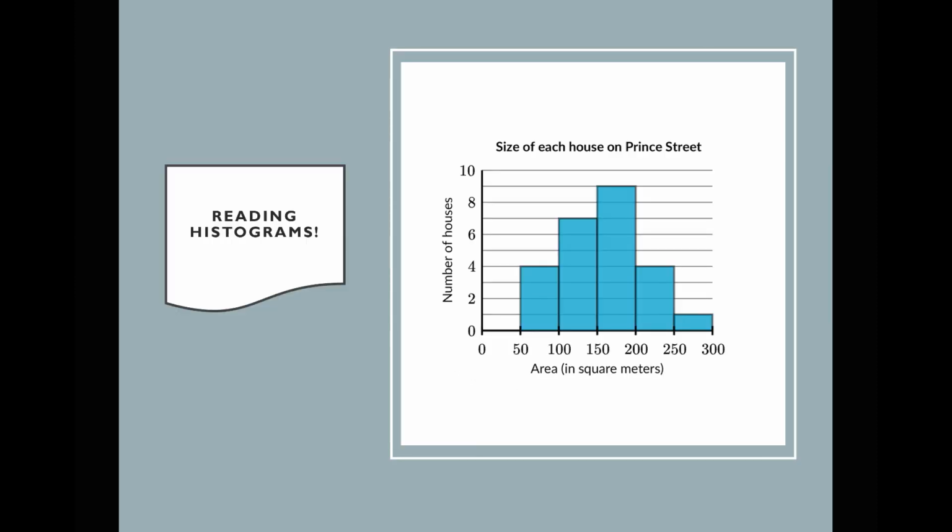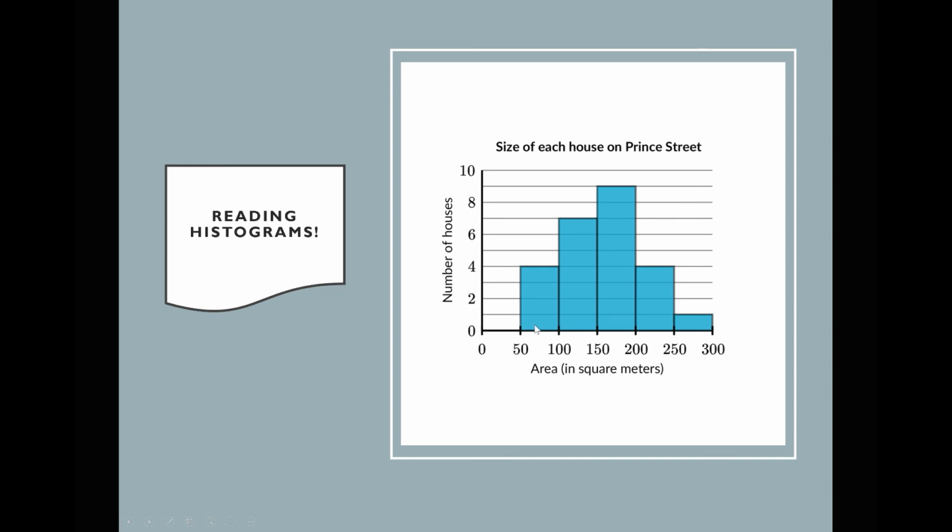Now, just another quick note to practice on reading histograms. So again, you want to look at the numbers along the x-axis. These are the measurements. In this example, we're looking at the size of different houses on Prince Street in terms of square meters. So we see number of houses, that's the same as frequency or count. We're just counting how many houses.